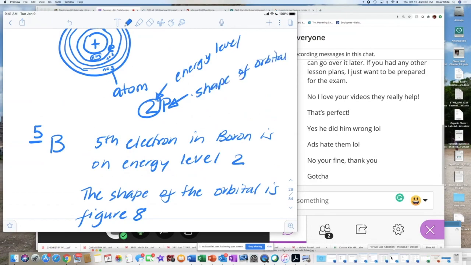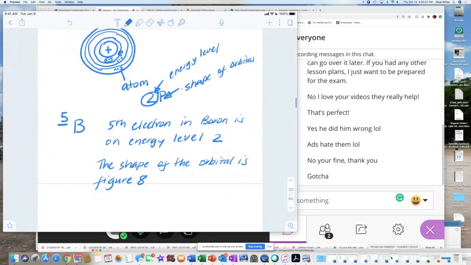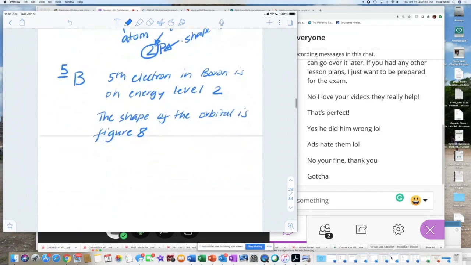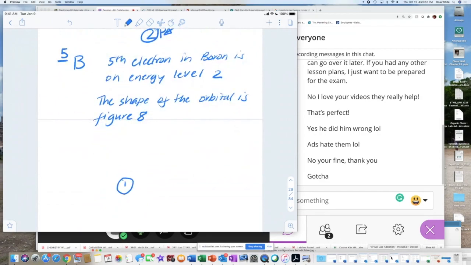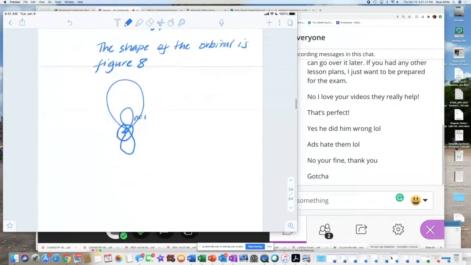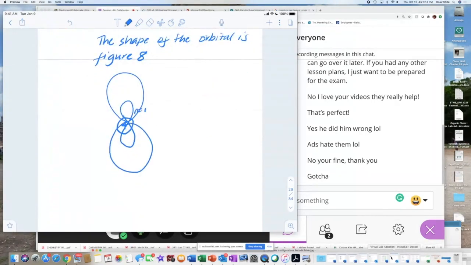So if I were only to draw this, which you most likely would not be asked, but just for the sake of illustration, I will draw my nucleus in the middle, positive, and then find energy level 2. So the first energy level, the P is figure 8. This would be energy level 1 for figure 8. This will be energy level 2 for figure 8.